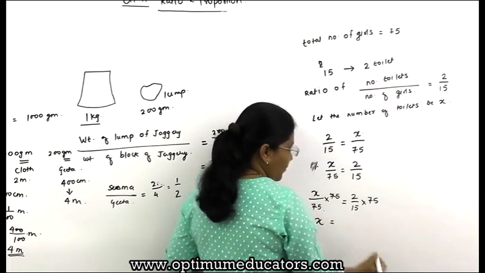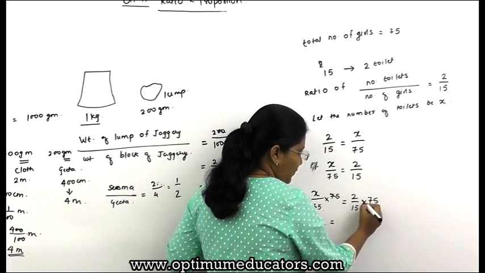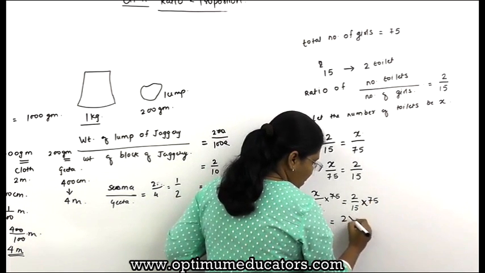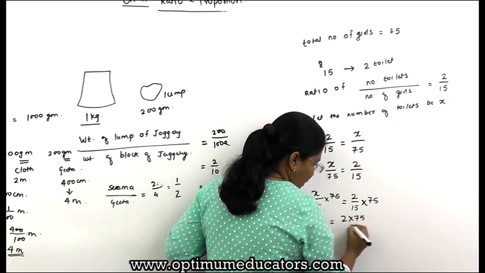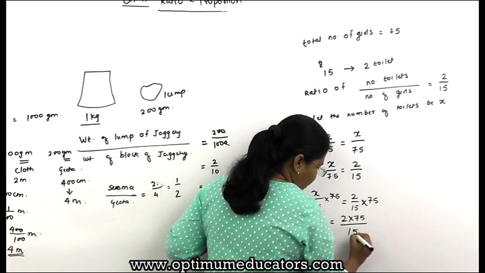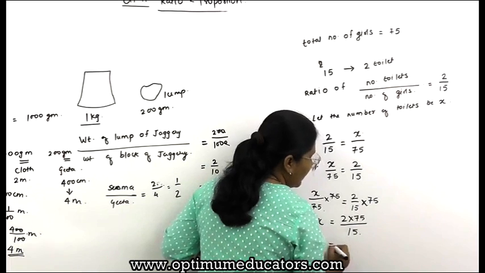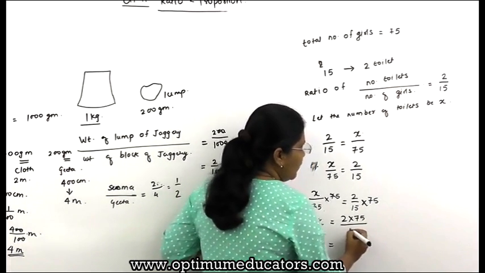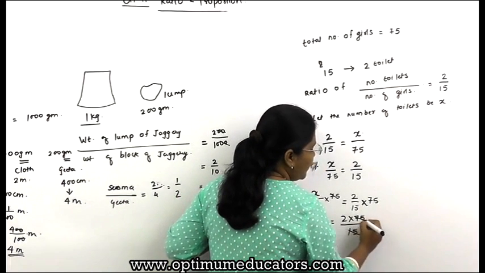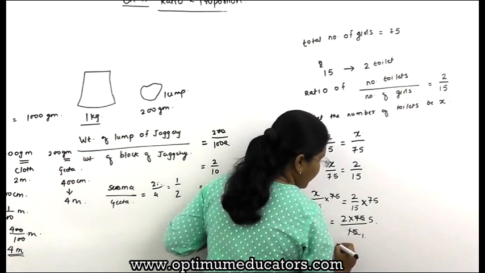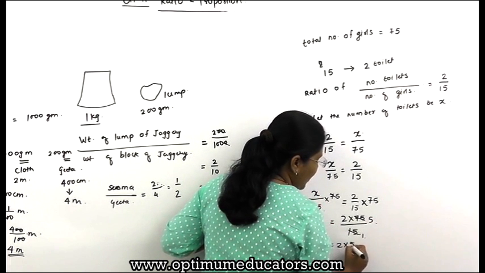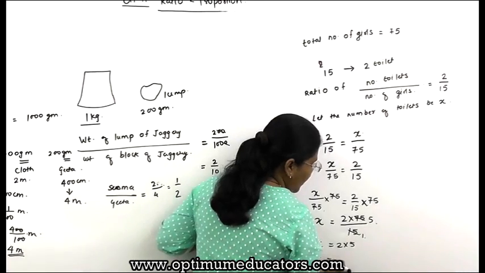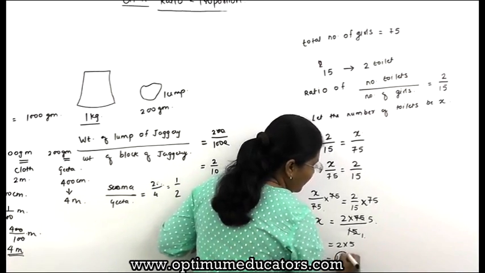x is equal to 2 into 75 divided by 15. 15 ones are 15, 15 fives are 75. So what remains is 2 into 5. So x comes out to be 10.